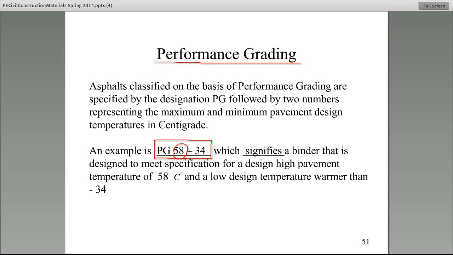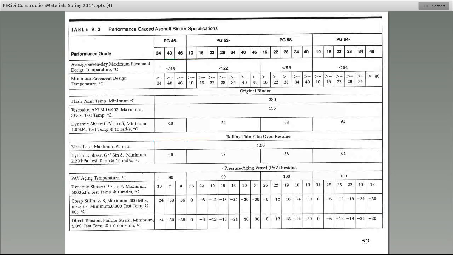And then the second number, which is minus 34, is the lowest temperature in Celsius that the binder is supposed to get exposed to. Now, the binders are standard. So we have specific standard performance grading binders.